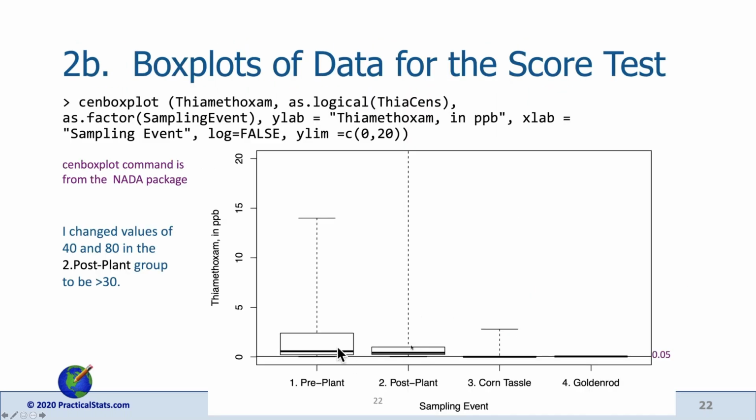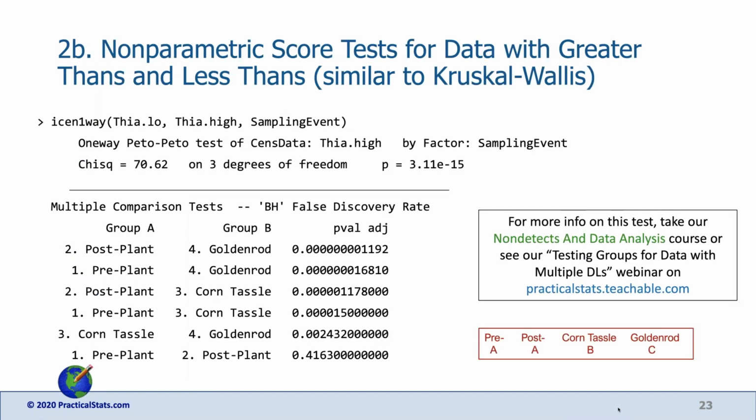So going back here, it doesn't distinguish between these two, pre-plant and post-plant, but it does distinguish any of these with all of the others. So that's the ISEN one-way script, which will be in a course by June and will hopefully be in a package later in the year.